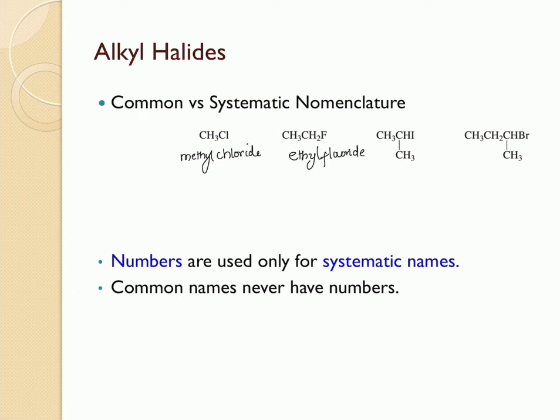And this one is called isopropyl iodide. As you can see, this group right here is an isopropyl unit. And this one is a secondary butyl bromide. There are 4 carbons and the bromine is attached to a secondary carbon. Therefore, this is a secondary butyl bromide.